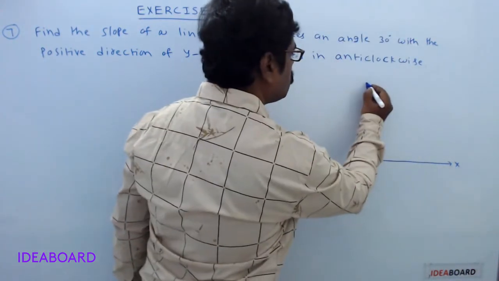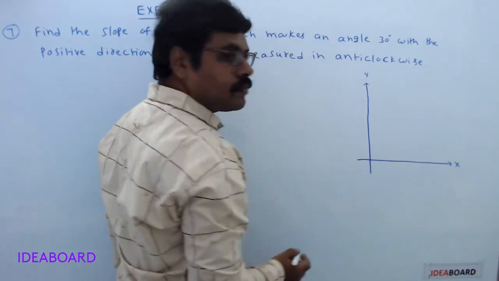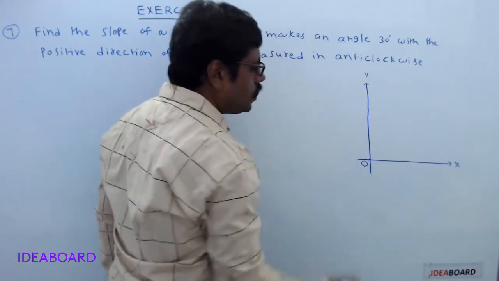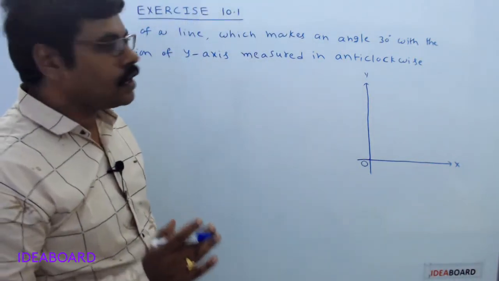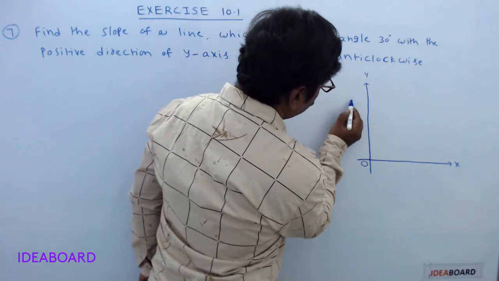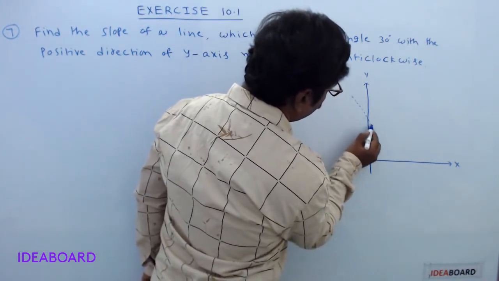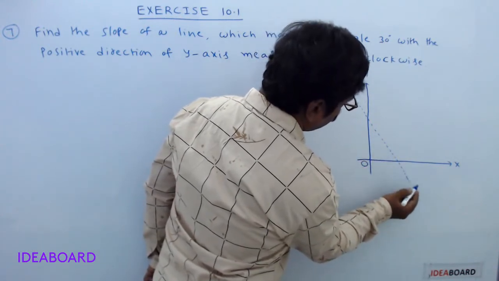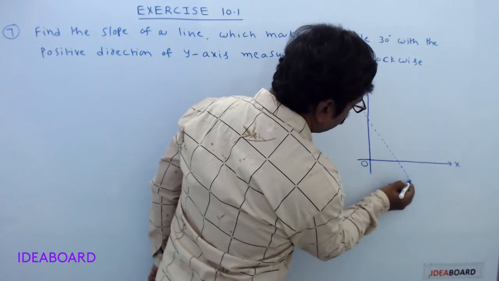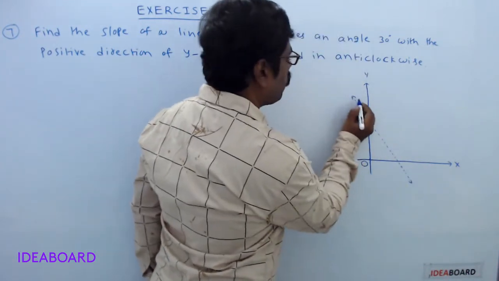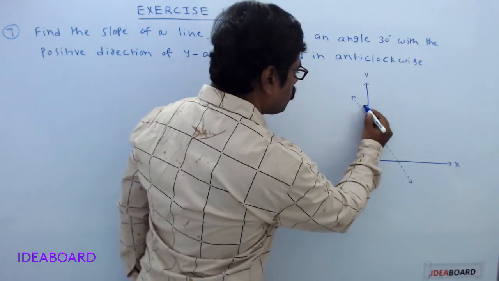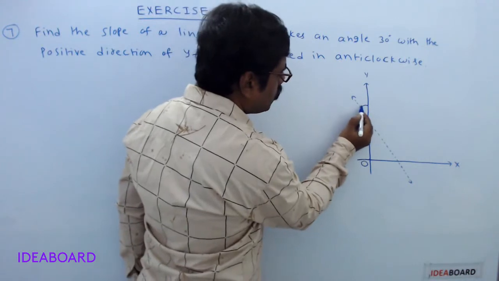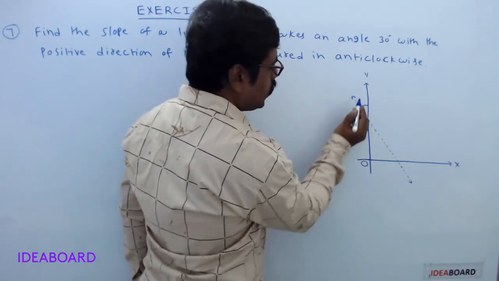Suppose this is x-axis, this is a y-axis, this is the point of intersection of x-axis and y-axis, origin denoted with a letter O. Now draw a line. Suppose this line makes an angle of 30 degrees with positive direction of y-axis and measured in anti-clockwise direction.